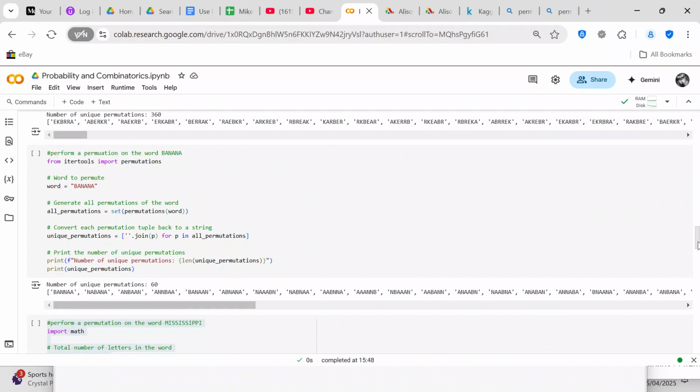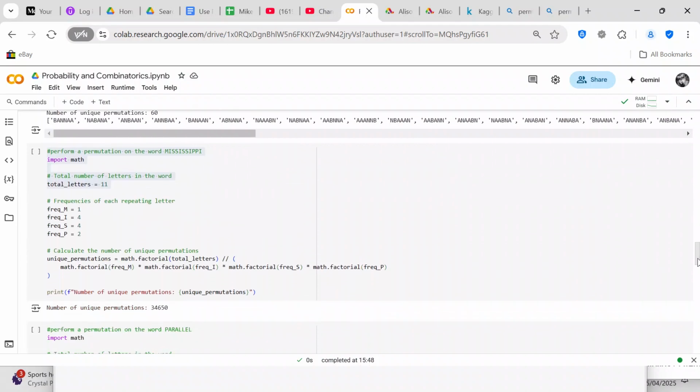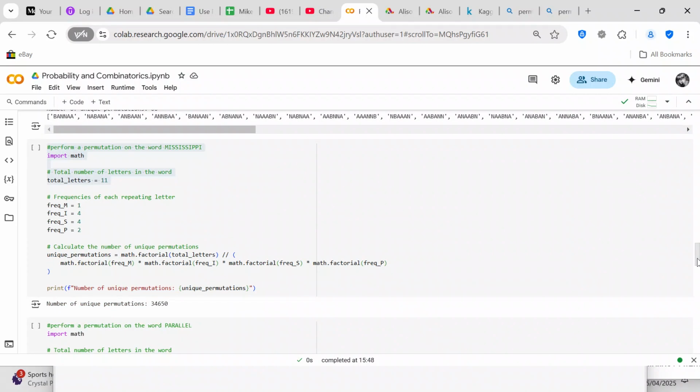So we print the number of unique permutations, which is 60, and you can see that we printed all the unique permutations.